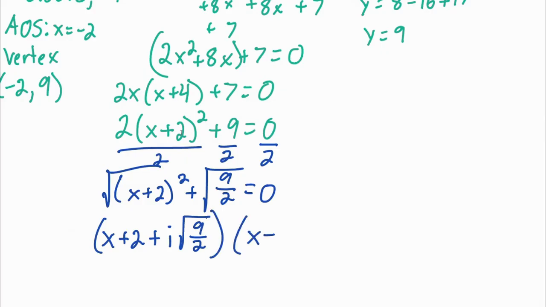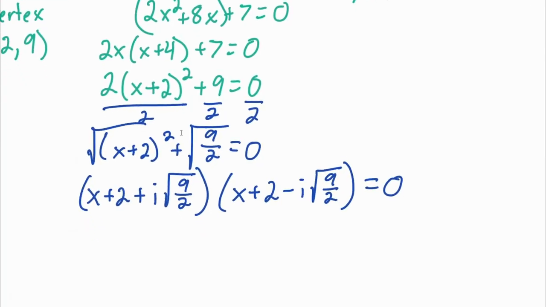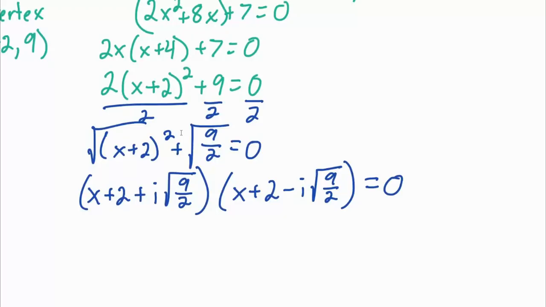And then the square root of the first term minus i times the square root of the second. So again, all the difference it makes is we're putting an i out front of that square root. And so when we set each of these equal to 0 and solve, we should get negative 2 and then plus or minus i square root 9 halves. It should look very, very similar to what we've done before.